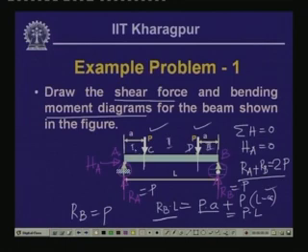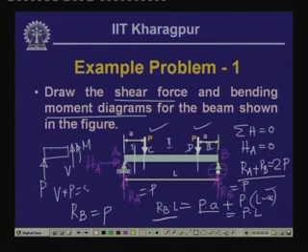Now, in the first segment, if we take a section and draw the free body diagram, we have the left part wherein we have the reactive force RA, which is equal to P, horizontal force is 0, and on this we do not have any other load, and at this cut we have a shear force V and a bending moment M. If we take the vertical equilibrium, V plus P equals 0.